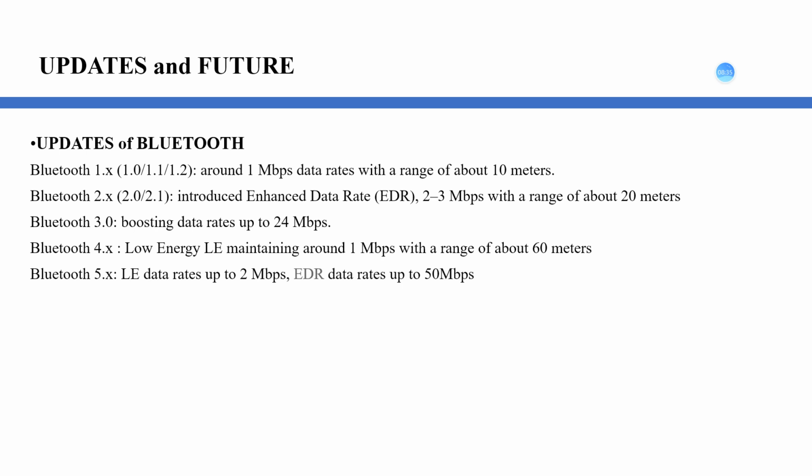When it comes to Bluetooth 3, it added an optional high-speed module leveraging IEEE 802.11 technology, boosting data rates up to 24 Mbps. Bluetooth 4, launched in 2009 with Bluetooth Low Energy, focused on ultra-low power consumption and extended the communication range to 16 meters.